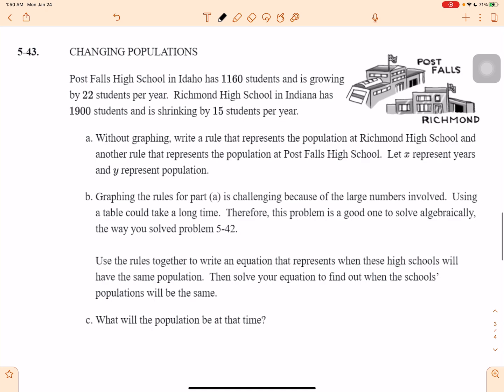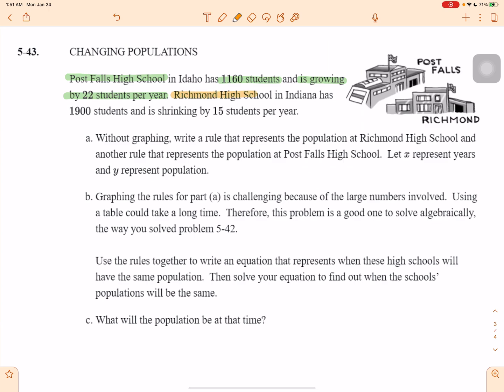So now here, Post Falls High School in Idaho has 1,160 students and is growing by 22 students per year. I'm going to pick a color for them. Let's do green.